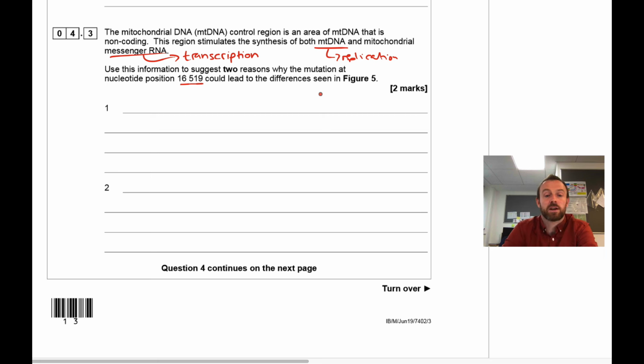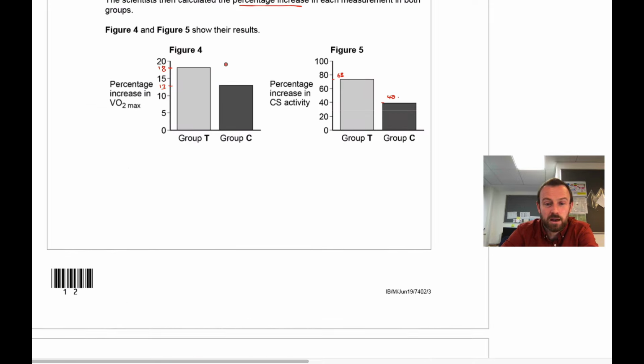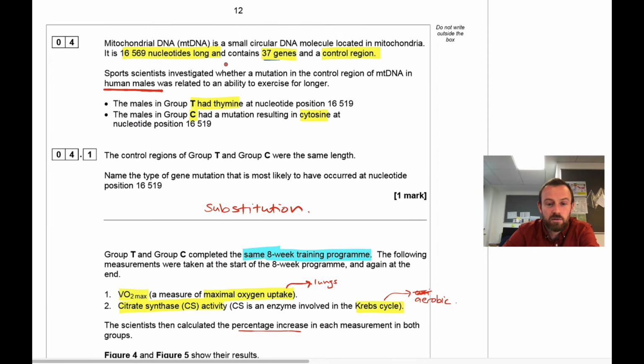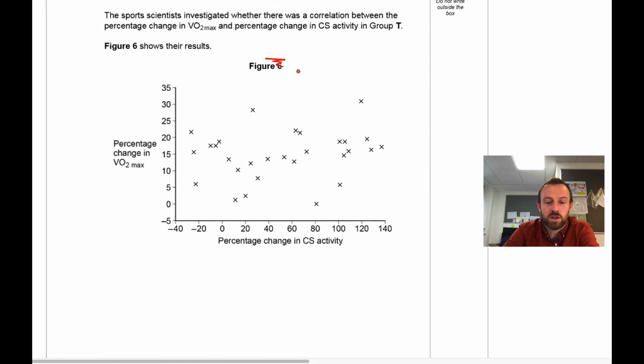2 regions. Okay, so it could affect the frequency at which RNA polymerase enzymes bind and initiate transcription. So it could affect the level of expression of those, however many genes it was, 37 genes found in the mitochondrial DNA.